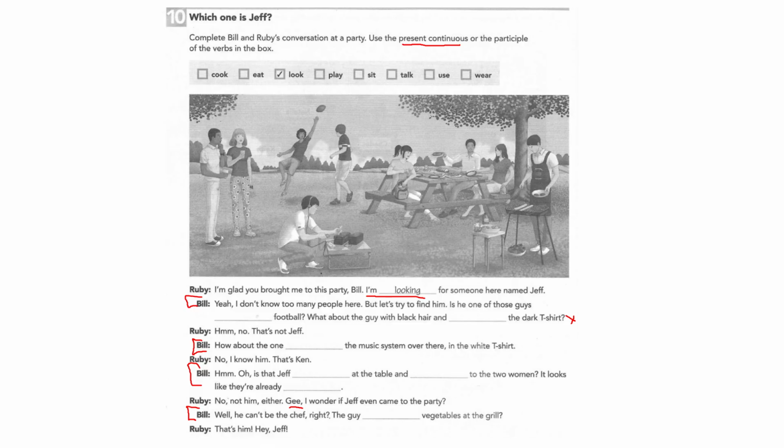Number two, what is it? Is he one of those guys playing football? Aquí lo tenemos en forma de pregunta. Las preguntas, ¿verdad?, del verbo to be.